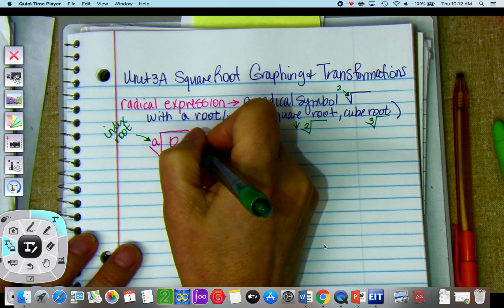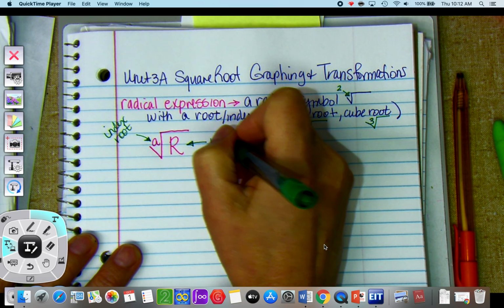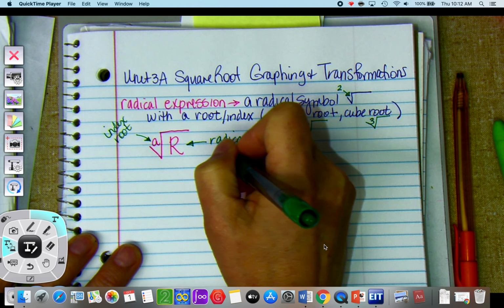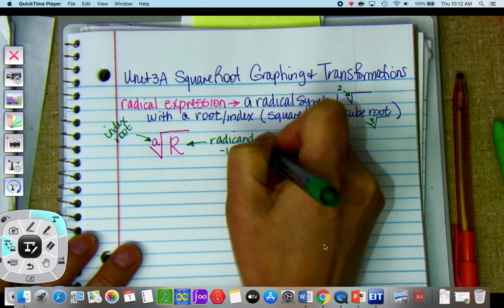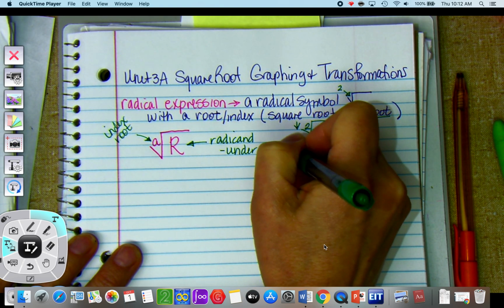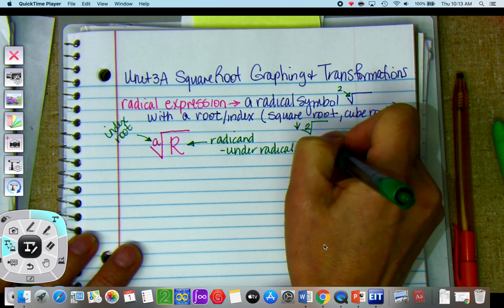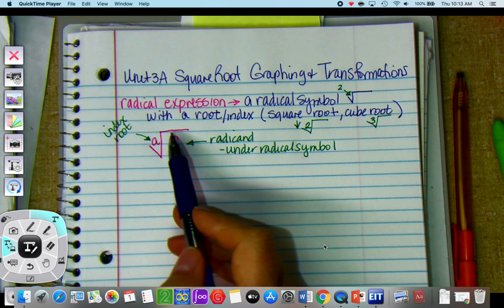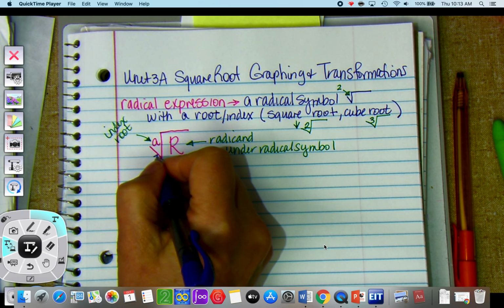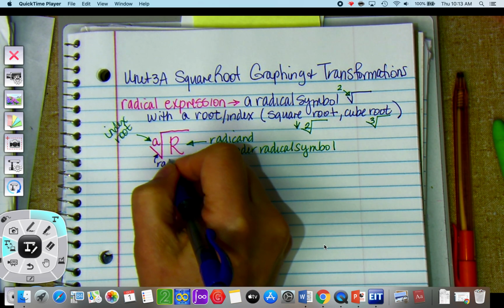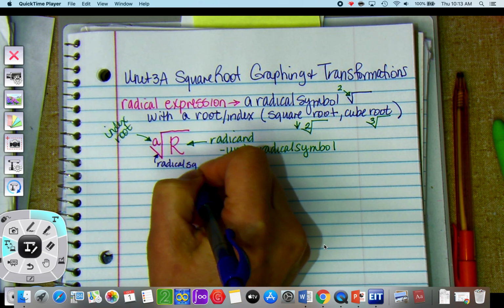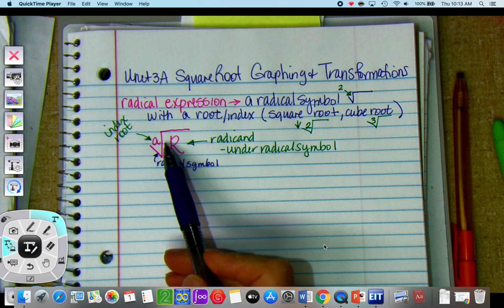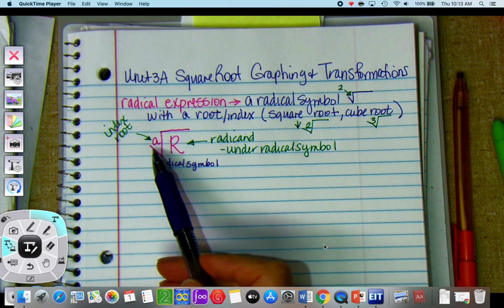What's underneath the radical symbol is called a radicand. And then this is your radical symbol. Now, of course, you have to have a root. You can't have 0 there, so it has to be greater than 0.